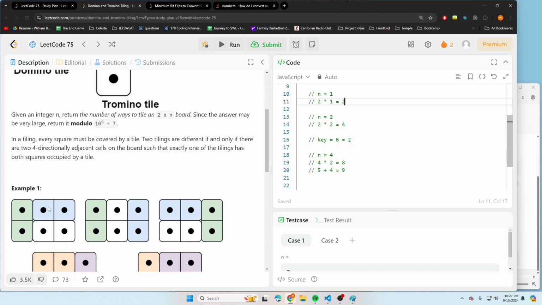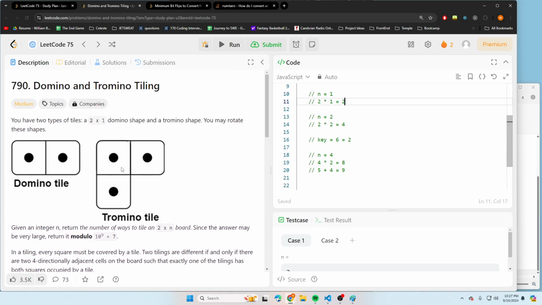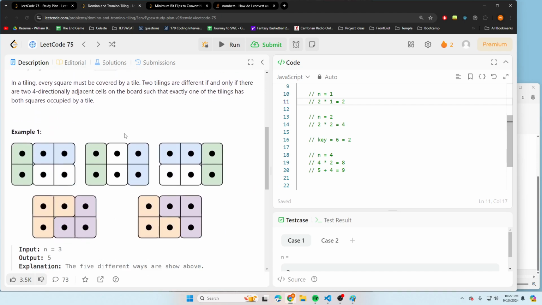So this is 2 tile and that's 3 tile, is that it? Yeah. 2 types of tile, a 2 by 1 domino shape and a Tromino shape. So just that's kind of 2 or what? Yeah, this is kind of 6. Alright. So a 2 tile, that's equals to 1 actually.